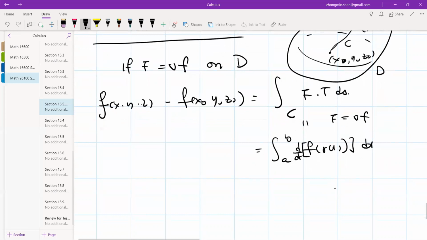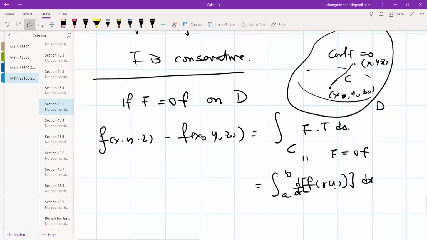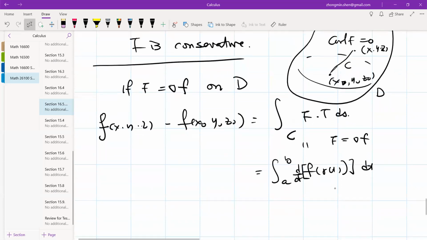It's a little bit difficult here. If we are able to show, for some domain D, under the condition that the curl of F is 0, that the line integral is independent of the choice of particular path between two points, then F must be conservative. Not only that, little f is going to be given by this formula.